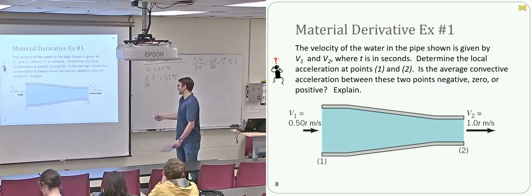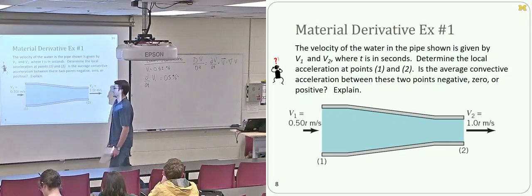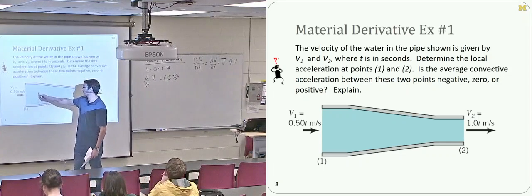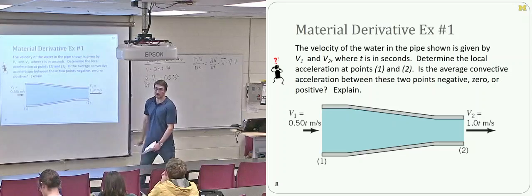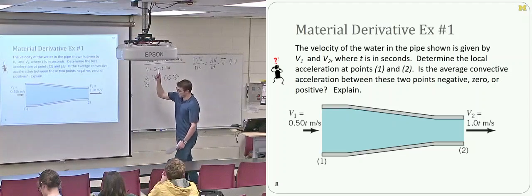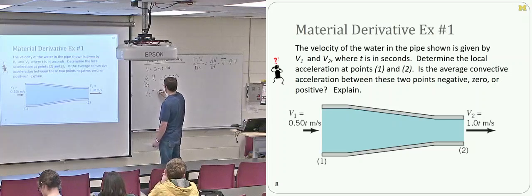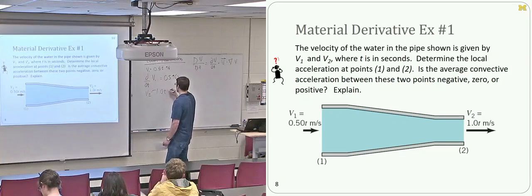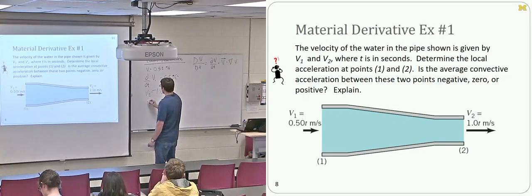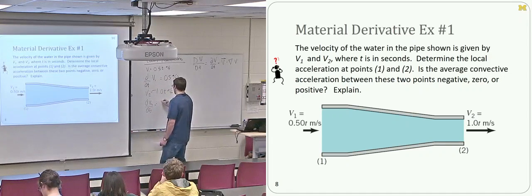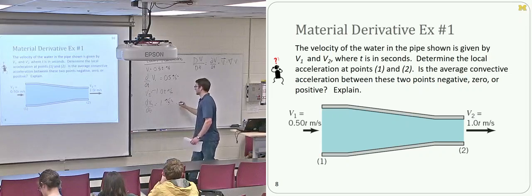This doesn't tell us anything about the local acceleration here, here, or here. It's only at point 1 at the inlet. V2 is equal to 1.0t meters per second, and so its local rate of change is equal to 1 meter per second squared.